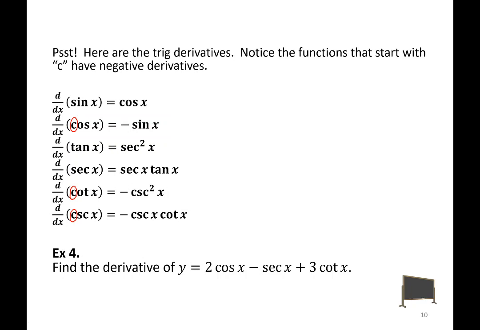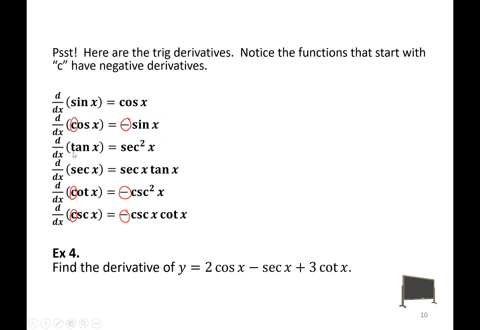So you have the derivative of cosine is negative sine, the derivative of cotangent is negative cosecant squared, and the derivative of cosecant is negative cosecant cotangent. That's just a little mnemonic to help you remember which trig functions have negative derivatives. It's just all the trig functions that start with a c.